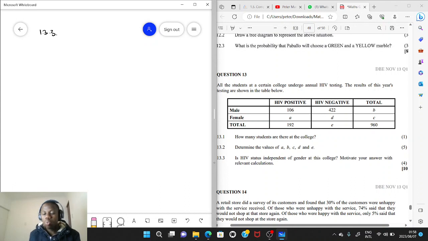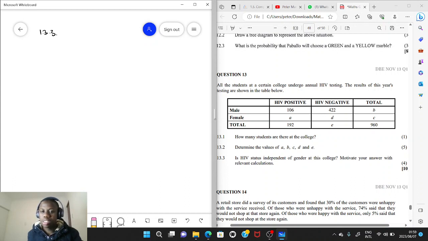What they are trying to ask you is whether the two events are independent or not, right?